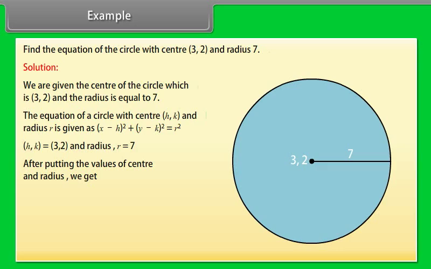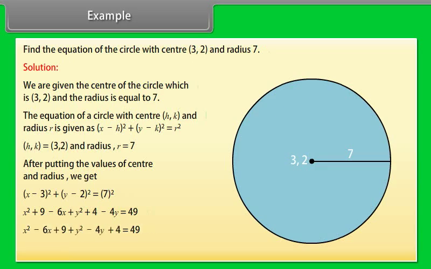After putting in the values of center and radius, we get (x - 3)^2 + (y - 2)^2 = 7^2. By calculating it, we get x^2 + y^2 - 6x - 4y = 36.